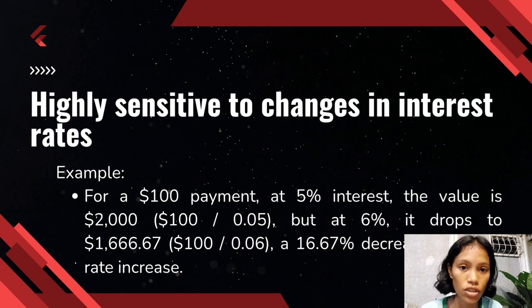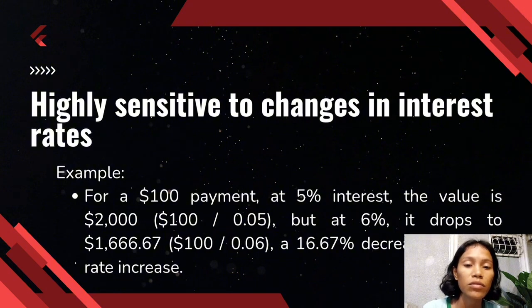Like for example, for a $100 payment at 5% interest, the value is $2,000. So $100 divided by 0.05, which is the 5%. But if given, for instance, 6%, then it drops to 1,666.67. So, diba, na changes dayon na makita.